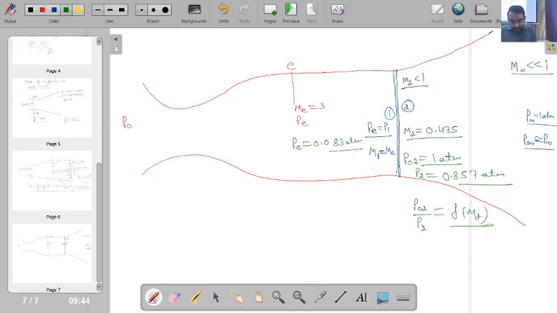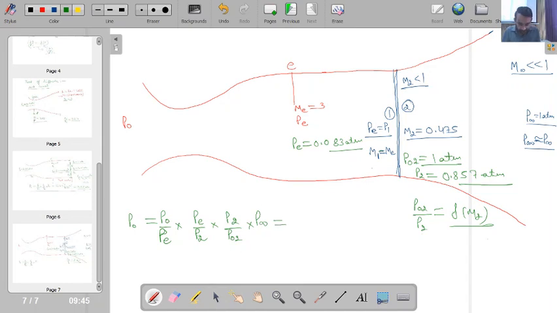So what will be the value of PO now? PO will be PO by P exit multiplied by P exit by P2, because P exit and P2 are different now, multiplied by P2 by P naught 2 multiplied by P naught 2 by P infinity, because P naught 2 and P infinity are same.